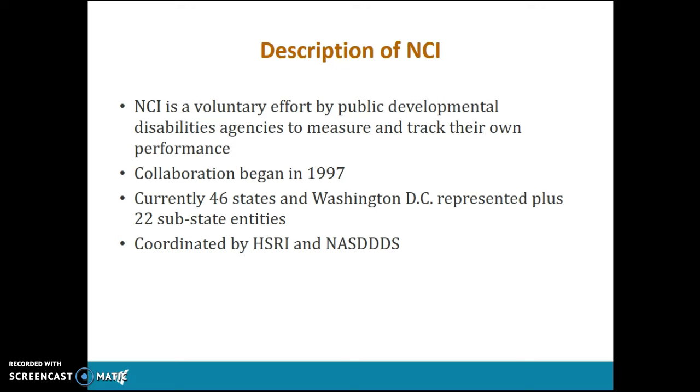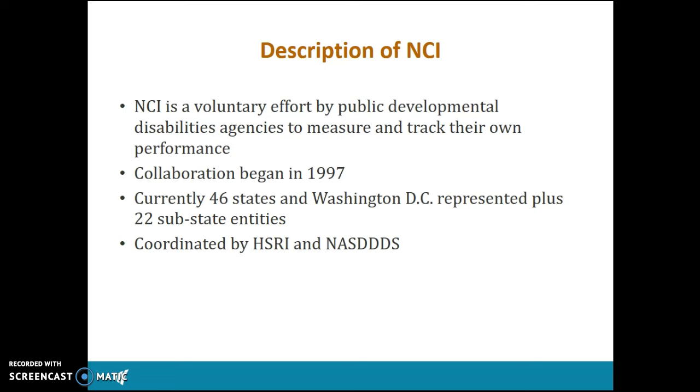So briefly, what is National Core Indicators? The project is a voluntary effort by developmental disability agencies with the goal of being able to measure and track their own performance. States are also able to use NCI data to compare themselves to other states. We began back in 1997.